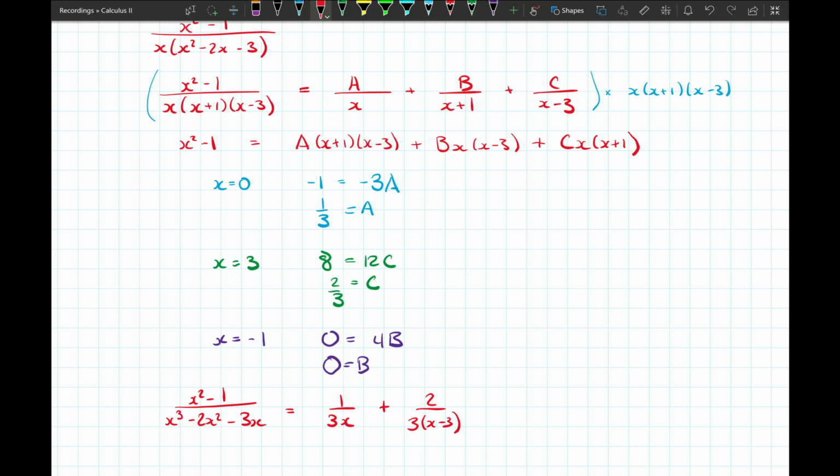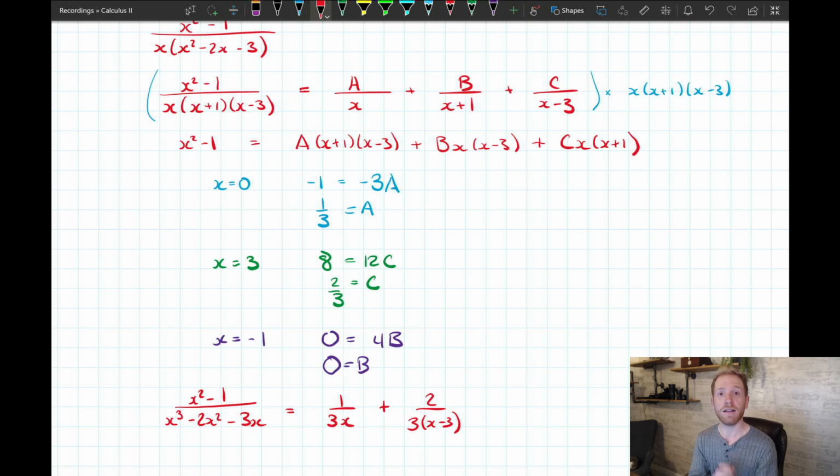That is our partial fraction decomposition of x squared minus 1 over the cubic x cubed minus 2x squared minus 3x. Now, I'll leave it up to you as to which of these two methods you prefer. Equating coefficients of constants, x, x squared, and higher powers of x is generally the recommended way to go.